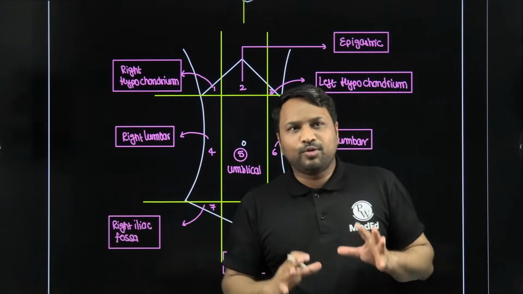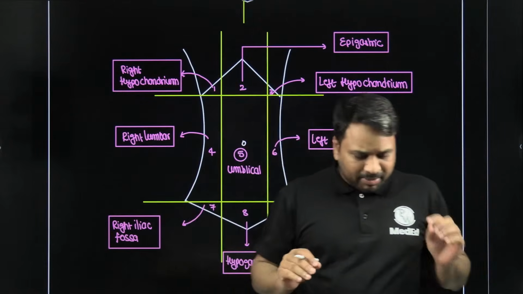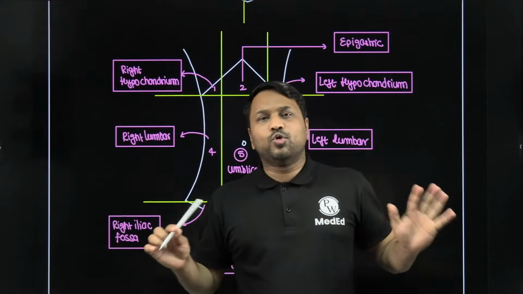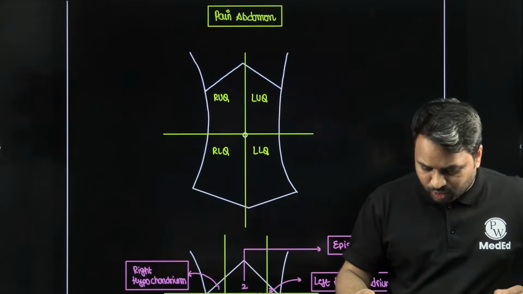Now, based upon where you have pain, you will have certain differential diagnoses. But even simpler, if I have to keep it very simple, remember all your foregut derivatives. So I'll give you a shortcut to analyze this before we go down.